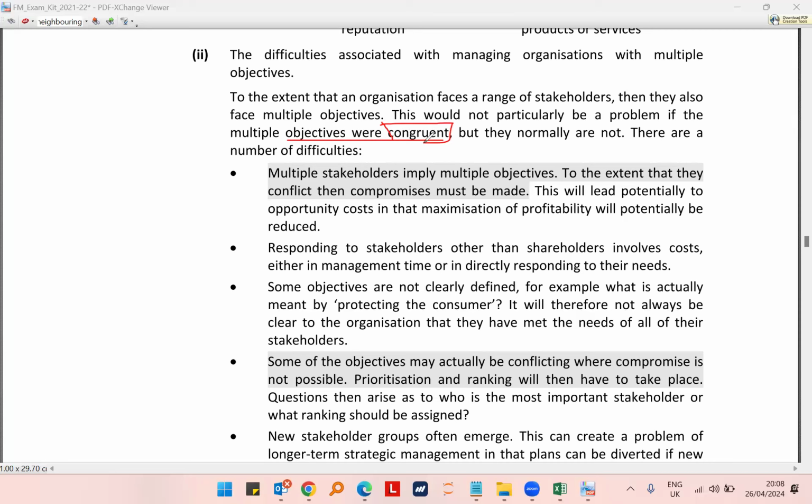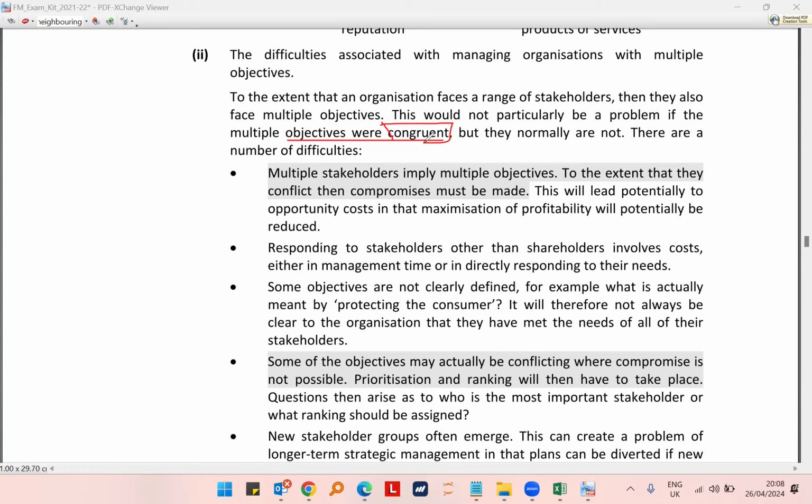For example, if the objectives would be, first of all, to sell the product to as wide a market as possible, and second, to reach out to the different parts of the country. You see that those ones are kind of congruent: reach out to the different parts of the country and sell them more products.